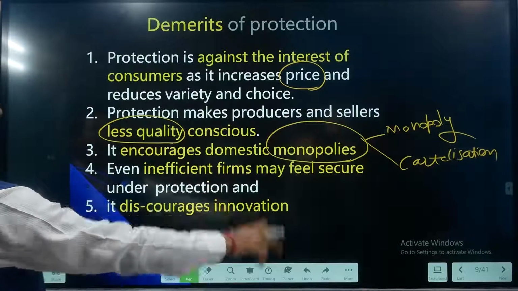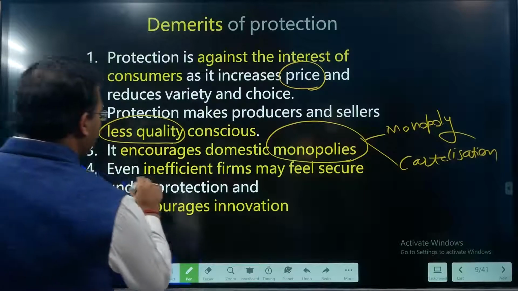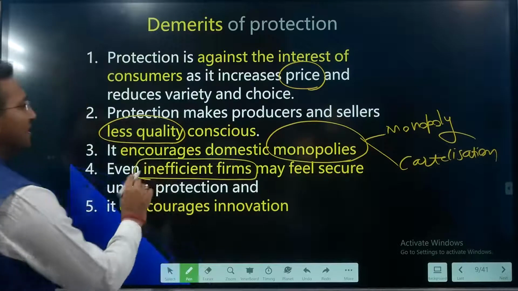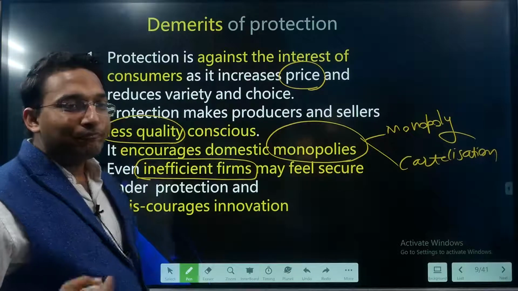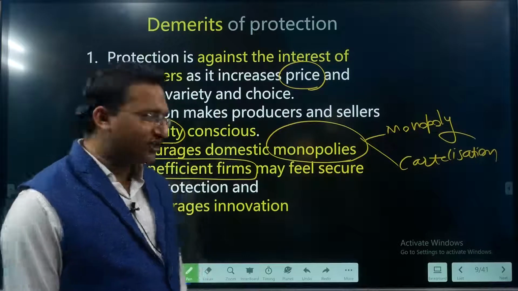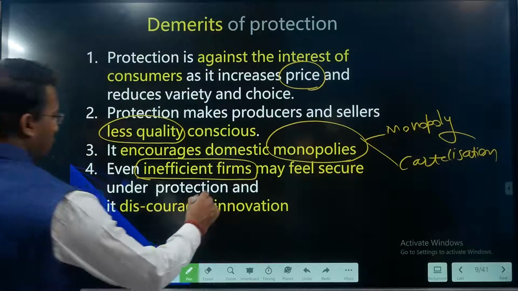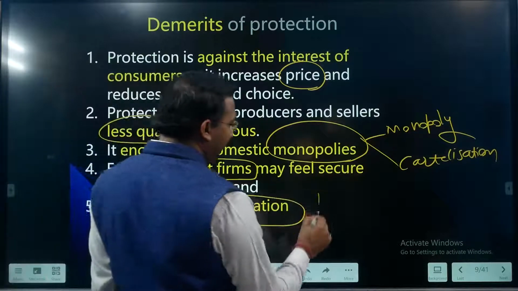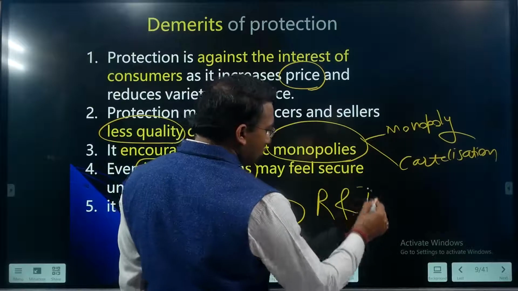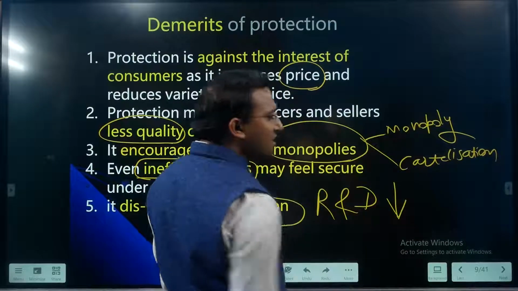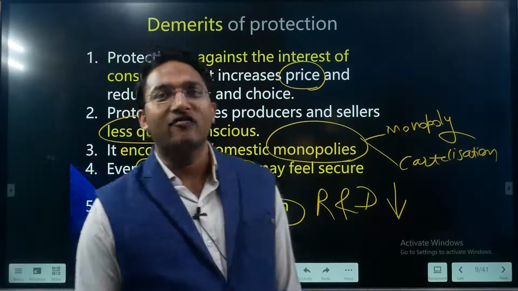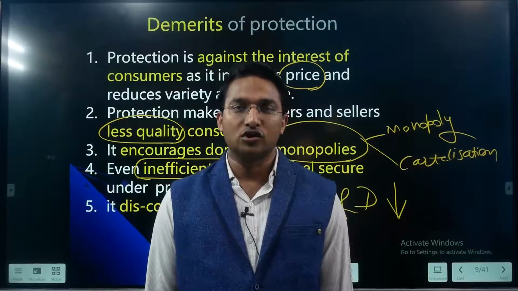Even inefficient firms may feel secure under protection. So inefficient firms will be secure. That means there will be no incentive for efficiency. It discourages innovation. So research and development will come down. So we can see protectionism or the trade barriers have their own set of disadvantages also.